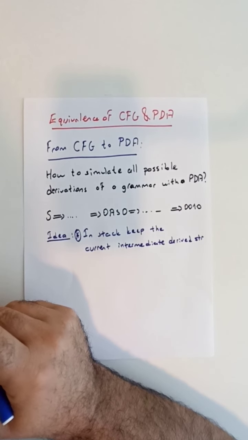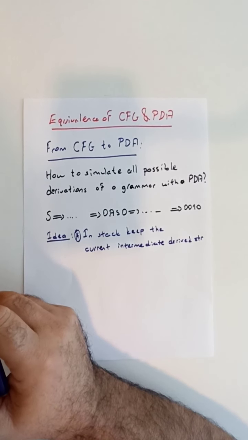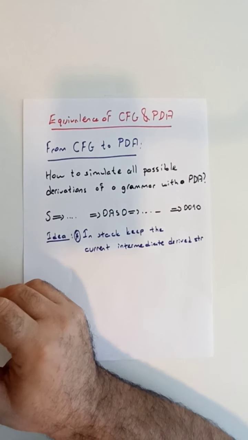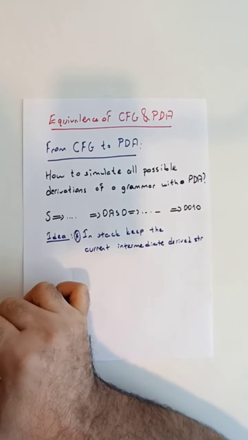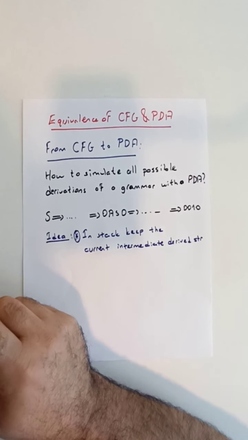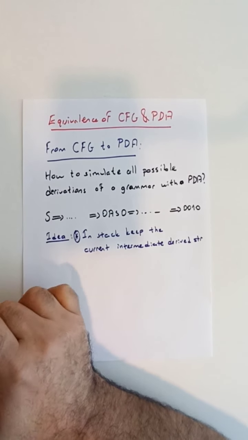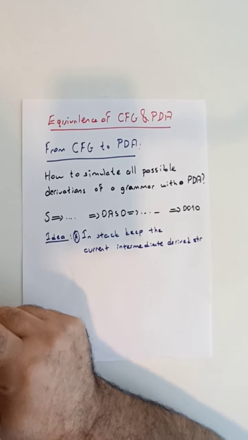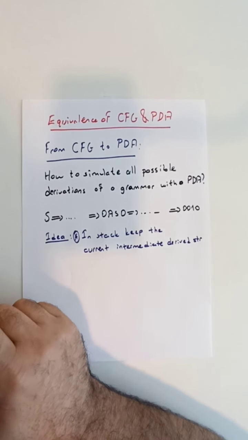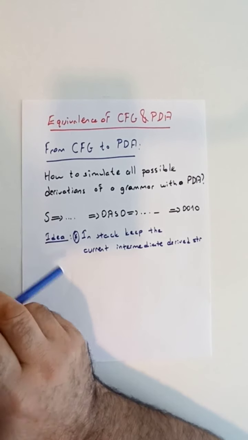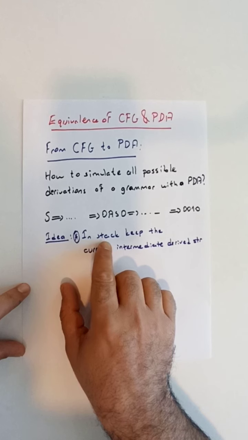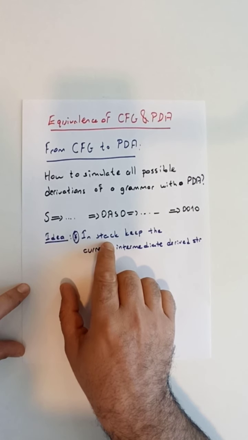Normally in a PDA we have our input tape, and each time we process an input symbol from the input string. The way processing of these input symbols happens within this simulation is that each time we will check the symbol that appears at the top of the stack.